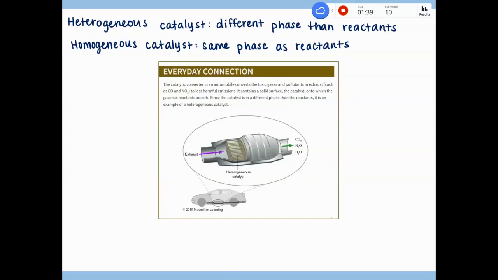It is sometimes, but it's not an intermediate. Because it's used up first and then it's reproduced, so that's a catalyst. An intermediate is produced and then it's used.